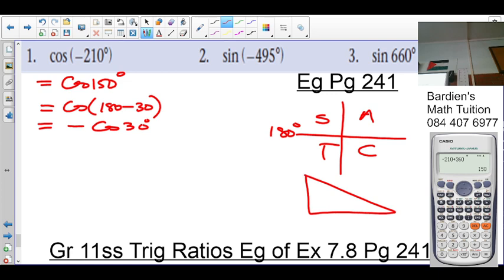So on the side of my page I'm writing 30: 1, 2, root 3. Cos stands for adjacent over hypotenuse. So it's negative root 3 over 2. If the angle can be calculated using a special angle, use it.